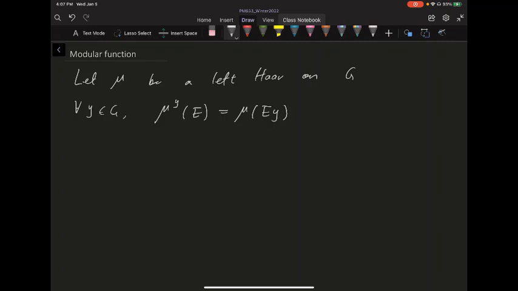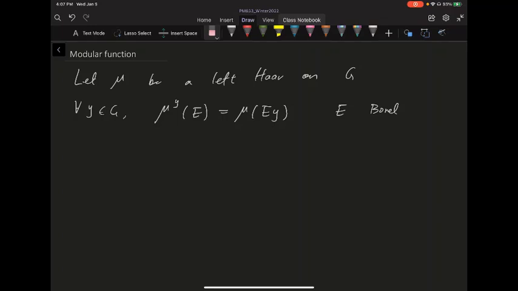Here E is any Borel set. And as you can see, because the right translation is continuous, it's actually a homeomorphism. So we know this mu_y itself is also a Borel measure and is clearly a Radon measure and so on. And one good thing is that this mu_y is also left invariant.